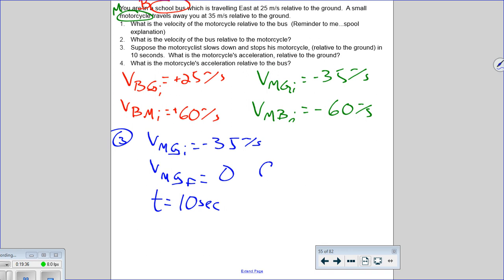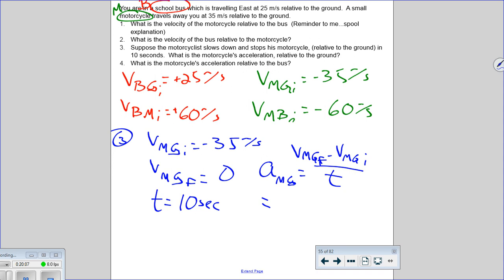So our acceleration of the motorcycle relative to the ground is velocity final minus velocity initial over time. I'm being a little sloppy with my notation. This should all have mg. I guess I should actually do it. This is not the time to skimp. Velocity of the motorcycle relative to the ground final minus velocity of the motorcycle relative to the ground initial. Tedious. Bear with me, this is going somewhere. Is everybody okay so far?